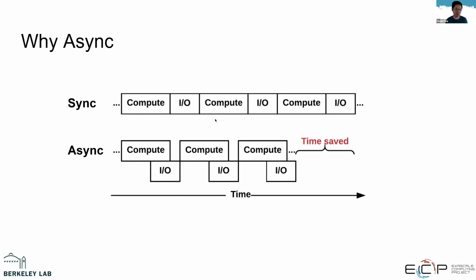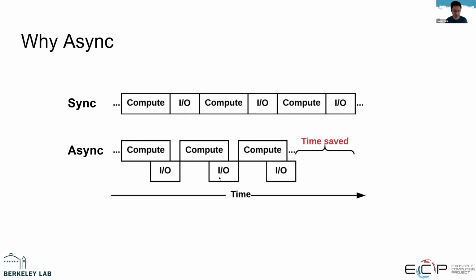We want to change that with support for asynchronous operations, where the application can continue working on other tasks, overlapping the IO time and compute time or communication time, such that we can speed up the application, like this little figure I have on the screen.